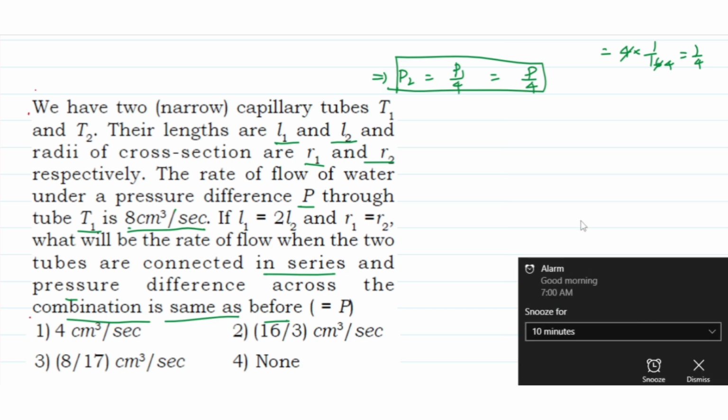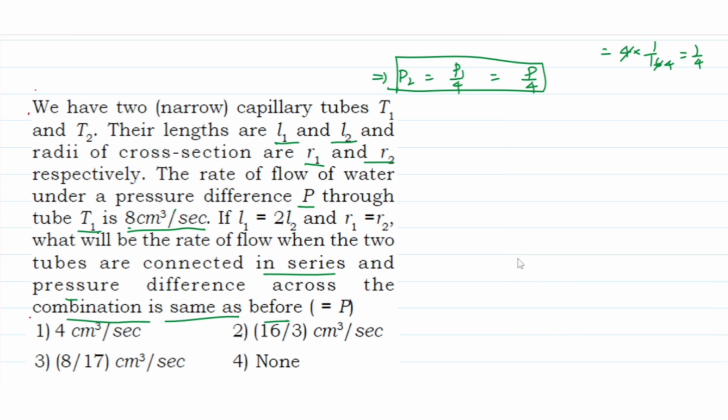Here you can take the volume of the liquid flowing per unit time as V, which will be equal to pi by 8 into P r power 4 by eta into L. This is the initial volume across the first tube.